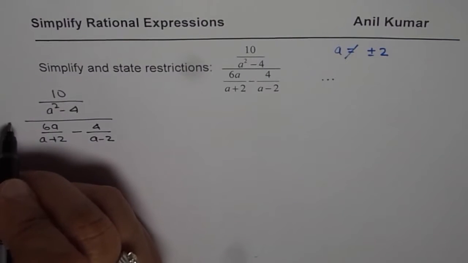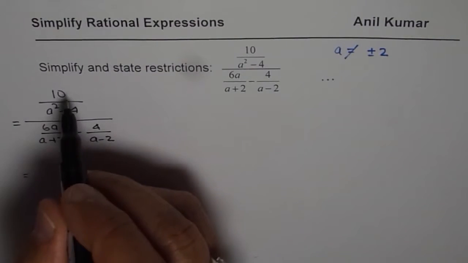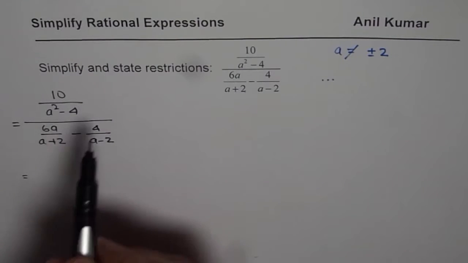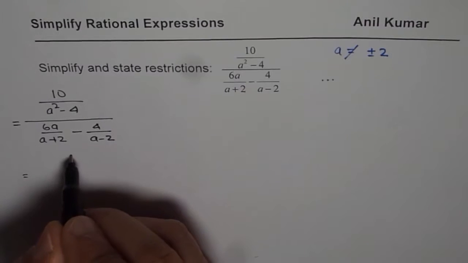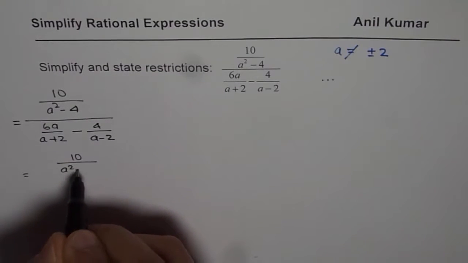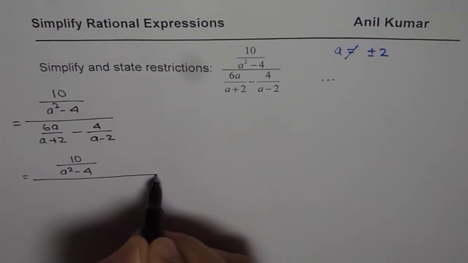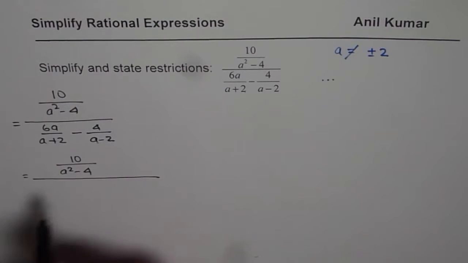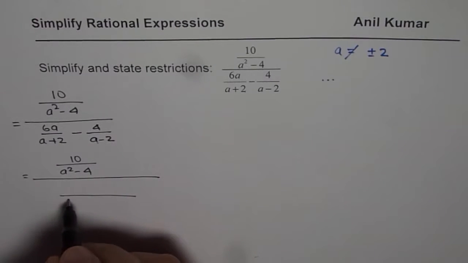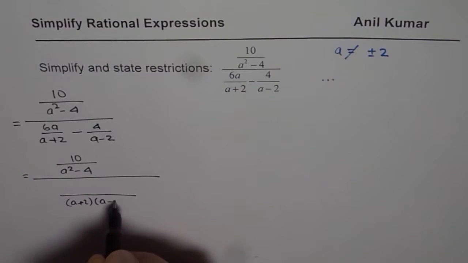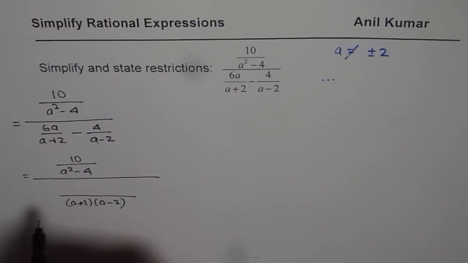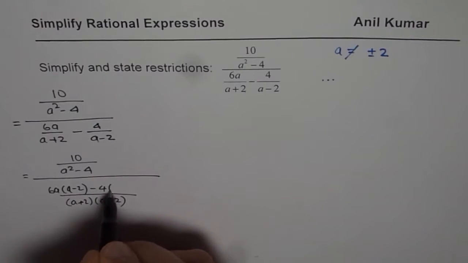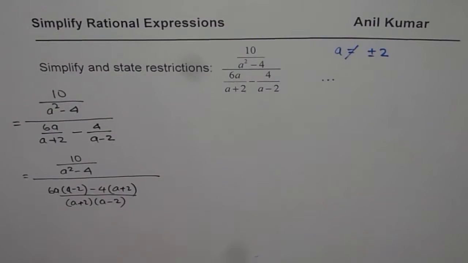But in this video, I'll just continue using the numerator as such, and then we'll simplify and then replace. So what we have here is numerator 10 over a square minus 4, and in the denominator, let me take a common factor. So we'll cross multiply, right? When you cross multiply, you get the denominator as a plus 2 times a minus 2. A minus 2 gets multiplied by 6a, minus 4 times a plus 2.